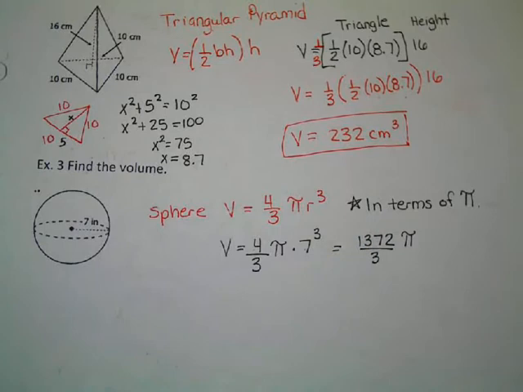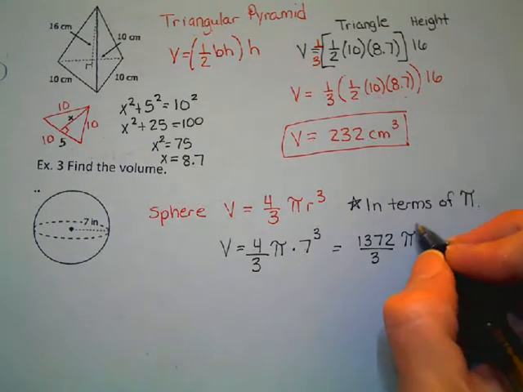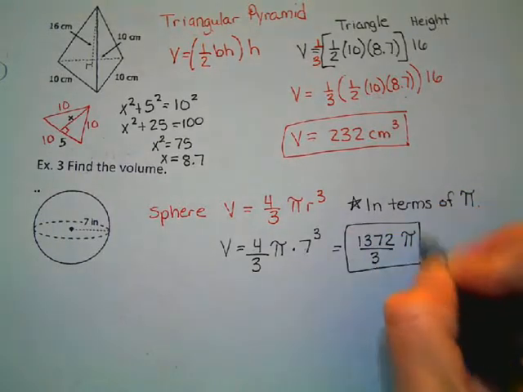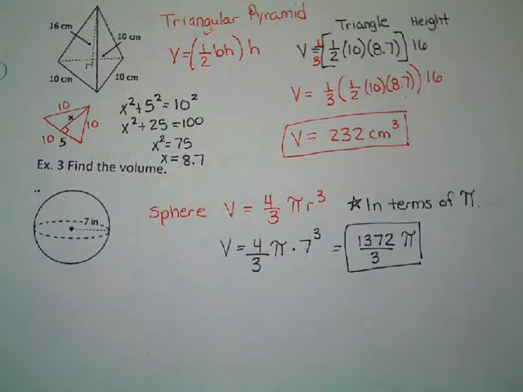I can see if it reduces at all. I don't think it does. Nope. 3 doesn't go in there evenly, and nothing else goes into 3. So this whole thing is your answer. Alright. And for a hemisphere, you could just take that number and divide it by 2.